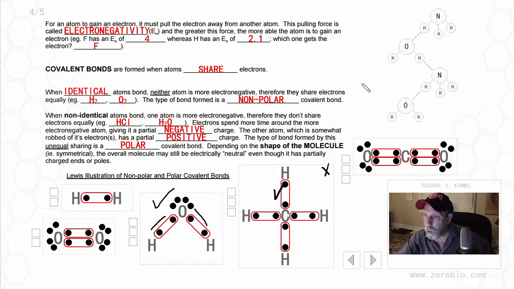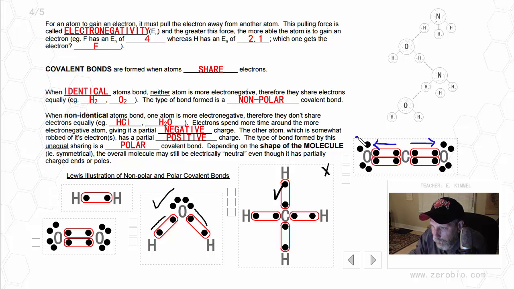The same goes for carbon dioxide with respect to the pulling. Oxygen, by the way, is more electronegative than carbon, so it will pull the electrons in this direction. But on the other side, this oxygen pulls the electrons in that direction. An equal pull. Now, between the oxygen and the carbon, oxygen being more electronegative, it gains this electron on its own more often than carbon does.